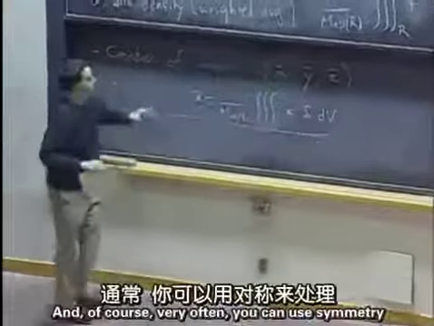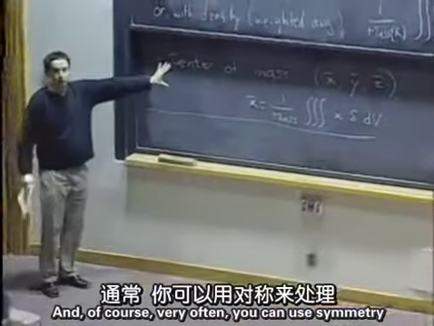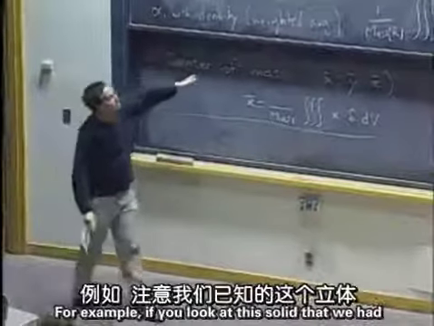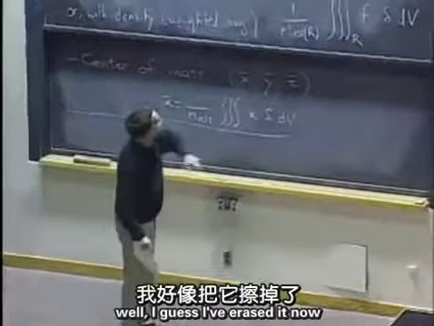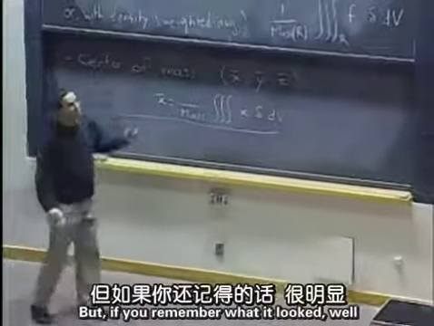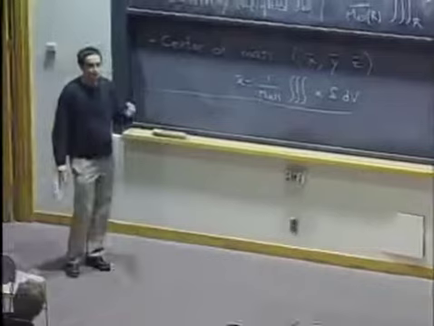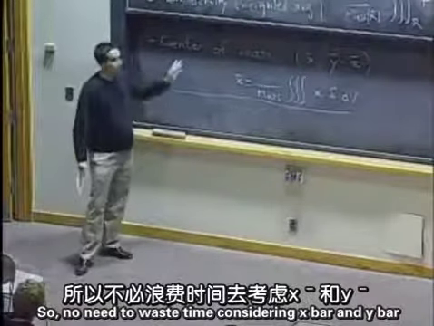And of course, very often you can use symmetry to not have to compute all 3 of them. For example, if you look at this solid that we had, well, I guess I've erased it now, but if you remember what it looked like, it was pretty obvious that the center of mass would be on the z-axis. So no need to waste time computing x bar and y bar.